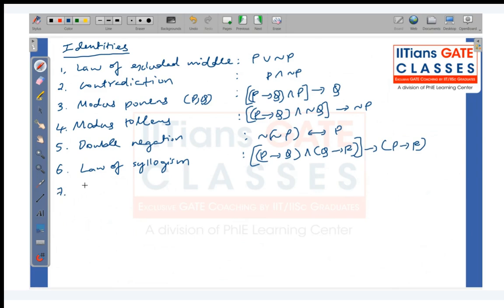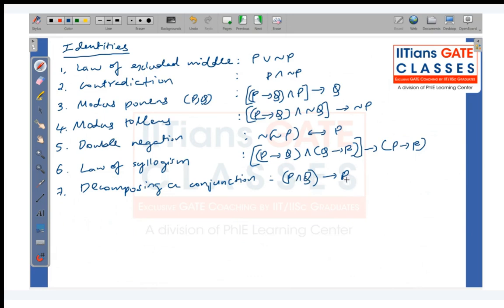Next one is decomposing a conjunction. Okay. This one is P and Q implies P. Meaning among P and Q, if both of them are true, for and I need both of them to be true, it means that P is obviously true.